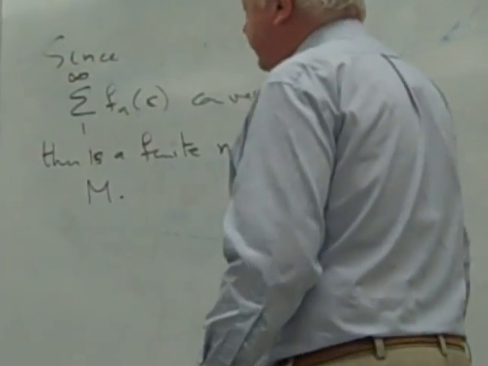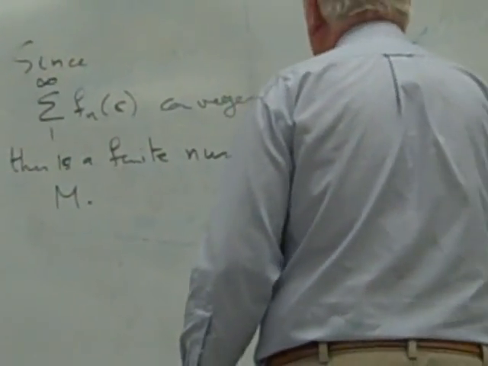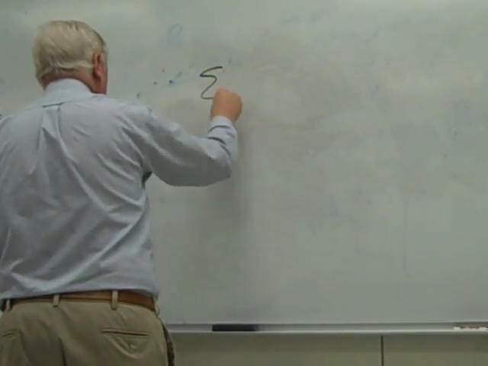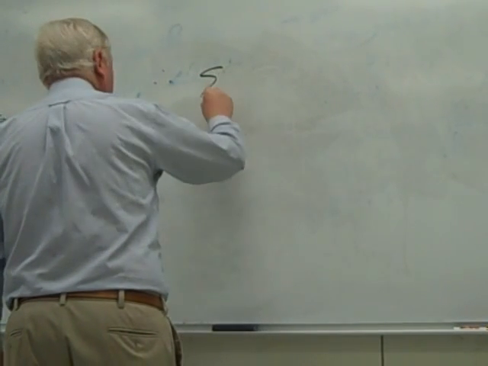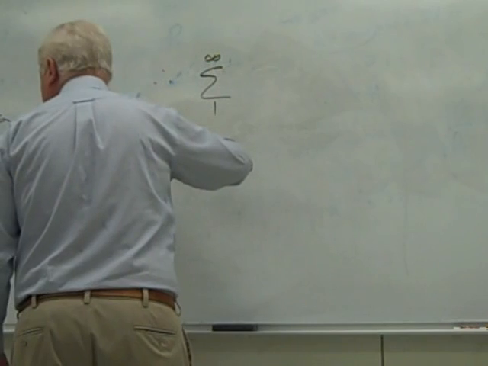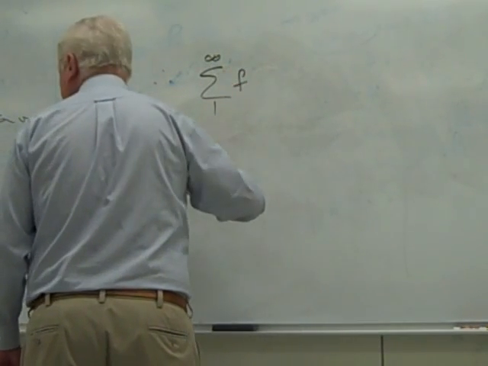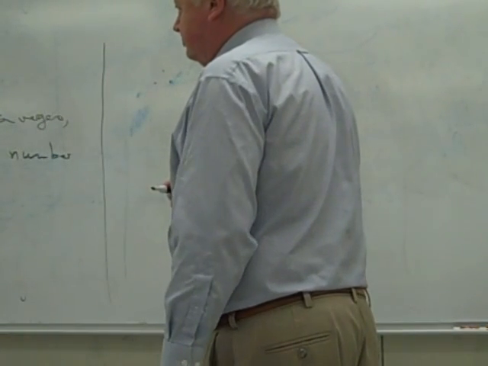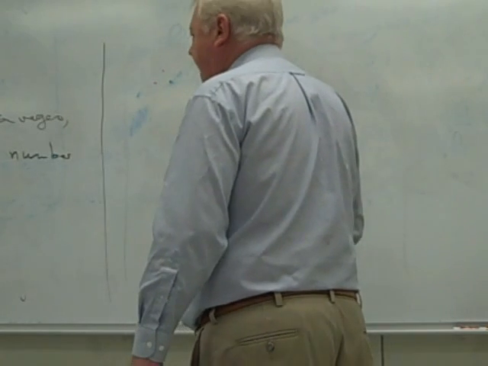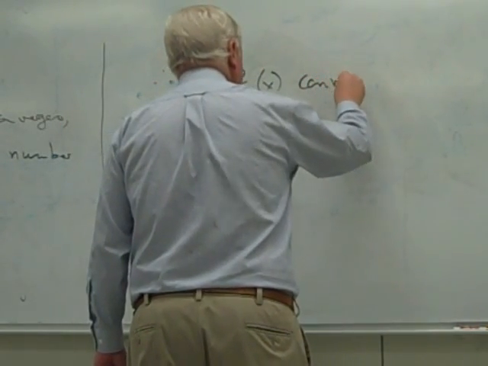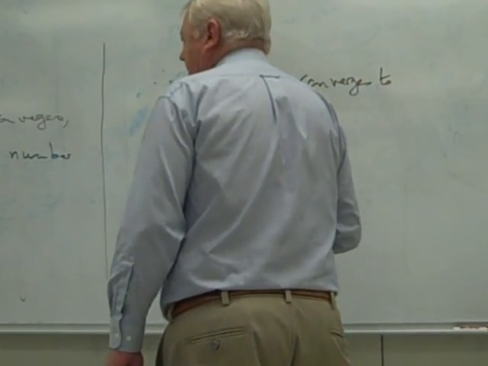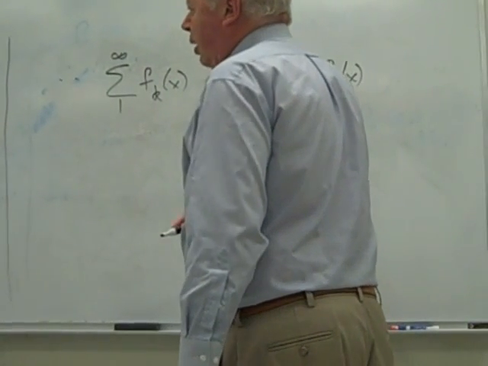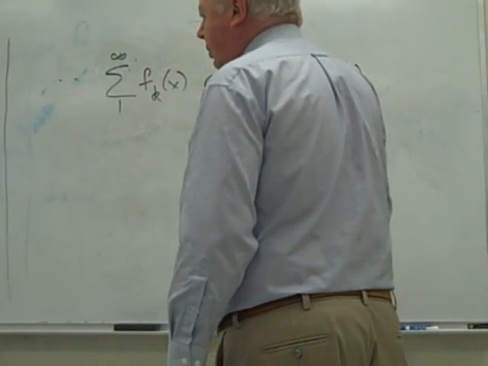So that last inequality says that the series sum from 1 to infinity of fk of x is going to converge to capital G of x plus m.